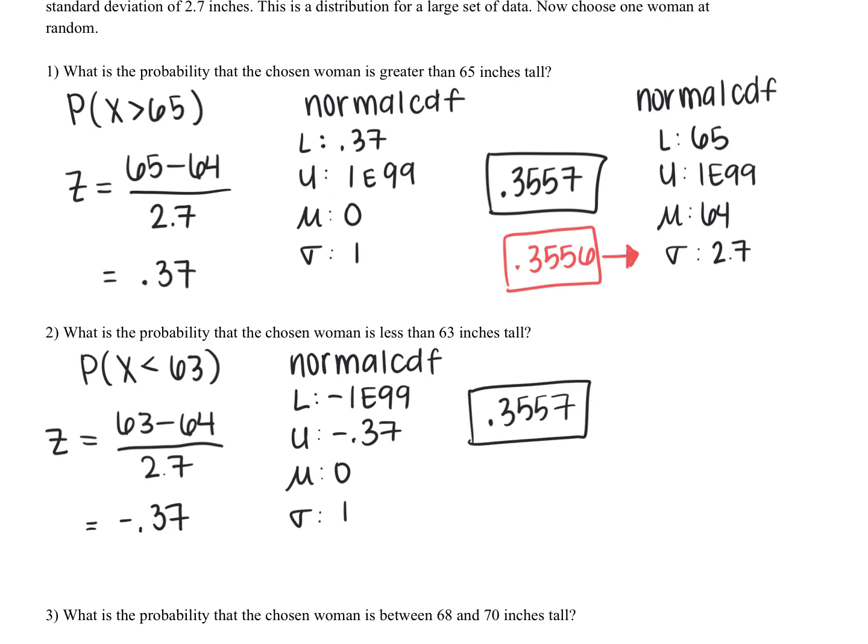I'm not going to check with the other method. You get the exact same thing. If I did normal CDF with my lower bound being the -1E99, but my upper bound being 63, mean of 64, standard deviation of 2.7, I'm going to get 0.3556 as well. I'm not going to check it, but you can.